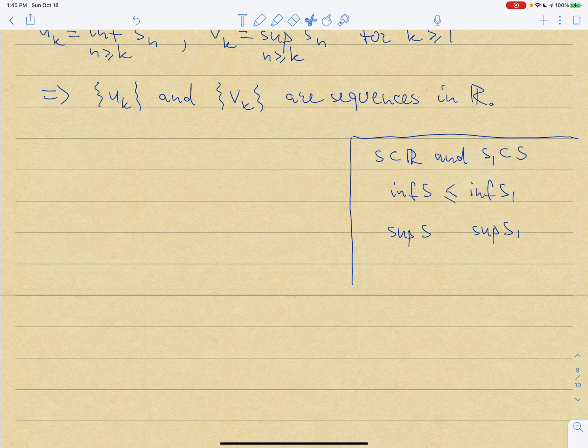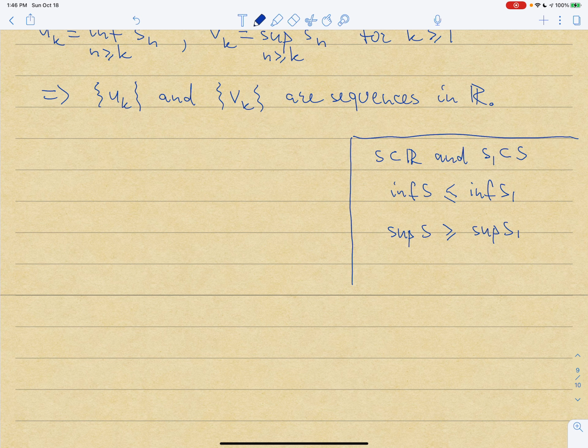So as you keep removing elements from the set, the only thing that you can do is to lower the supremum, not to increase it. Because if a supremum gets bigger when you remove an element, that means that the set should contain some elements that are bigger than the original supremum. And that does not make any sense. So the smaller set then should have a smaller supremum. So the sign is going to be greater or equal here.